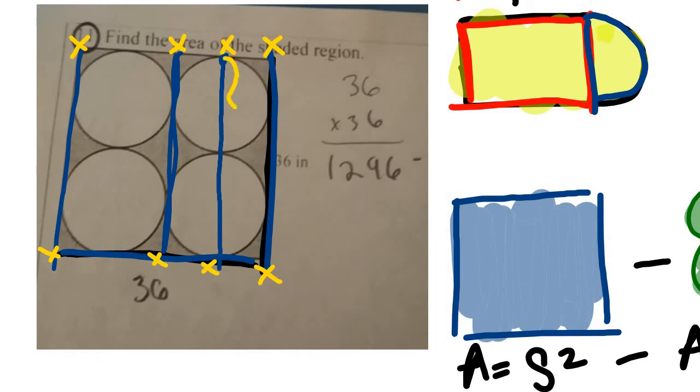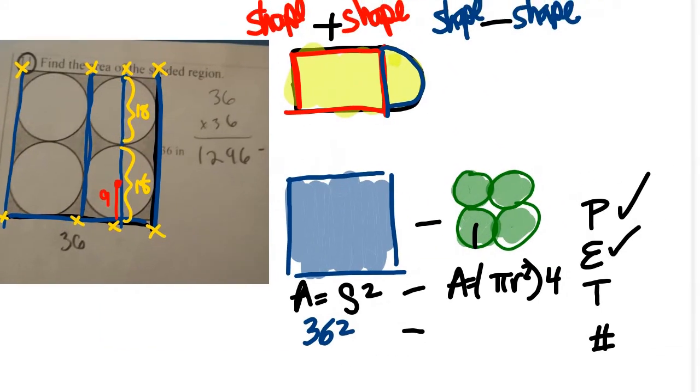Which means you just figured out that the diameters are 18, and that means your radius is 9. Now you have everything you need.